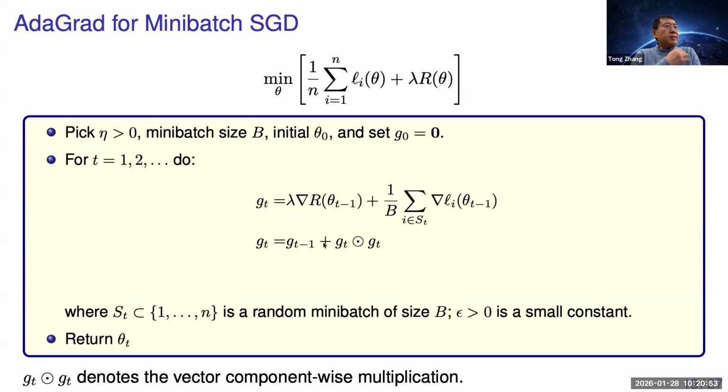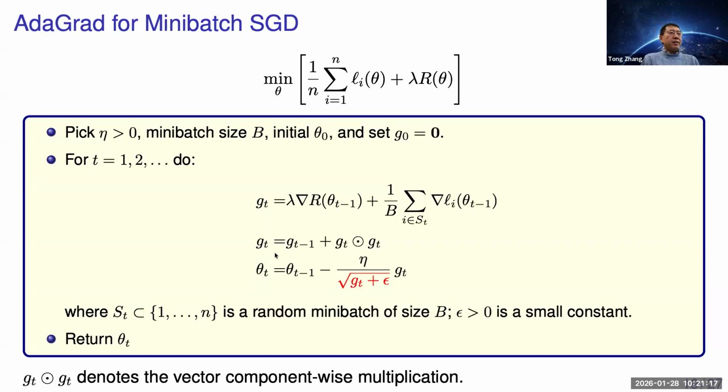I think I used the same notation, which is bad. So I think this one should be a different symbol. Yeah, I will change that. Maybe call it V or something.